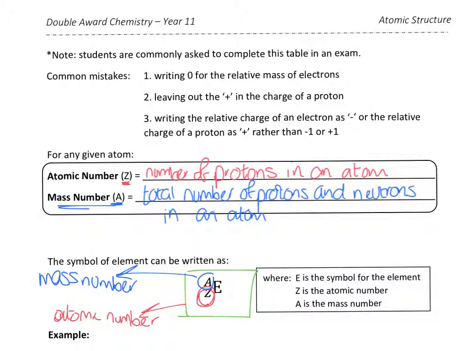So when we're looking at the mass number of our atom, we just ignore the electrons because their mass is so small compared to a proton and a neutron that it doesn't really affect the mass enough to count it.